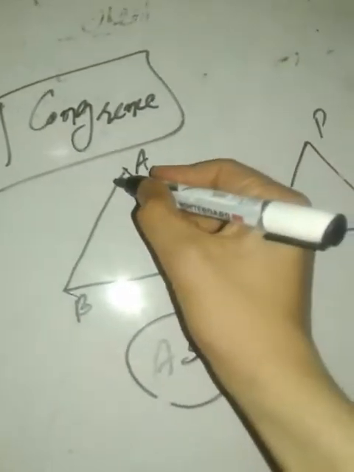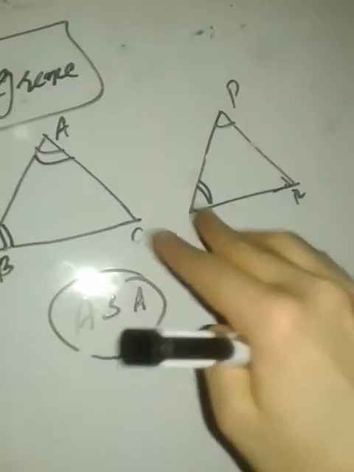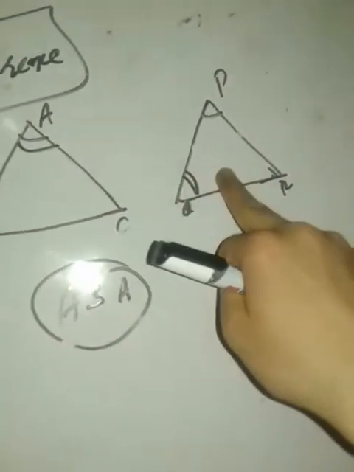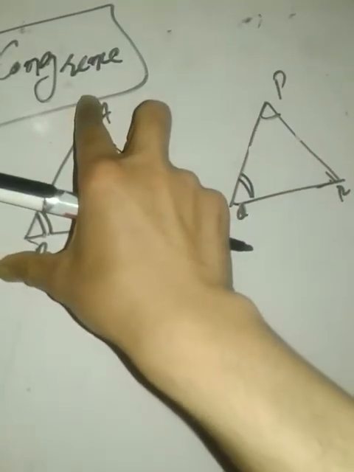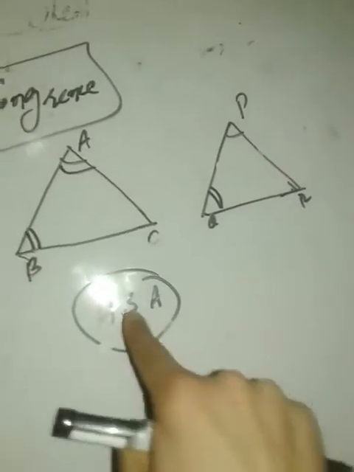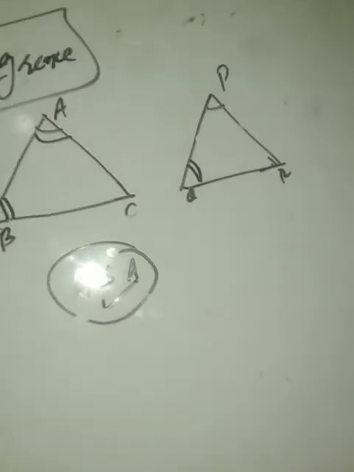That is, if angle A equals angle P, angle B equals angle Q, and the side in between them, that is AB and PQ, are equal, then we say these triangles are congruent, and this concept is known as ASA.